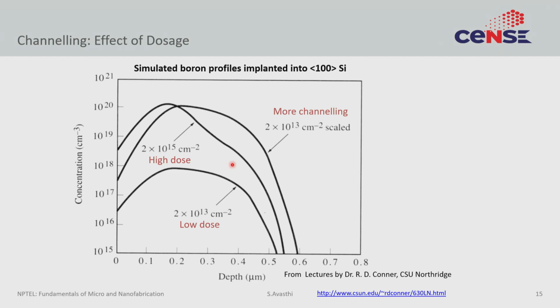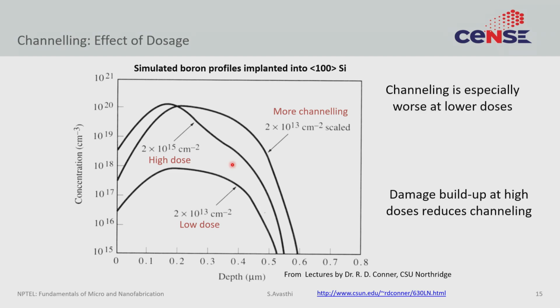That is partly because of accumulation of damage. As I hinted before, implantation is a very mechanical process, it is a ballistic process. Every time the ion comes and collides with the silicon atom at that very high speed, it leads to some damage in the silicon lattice, and that damage will accumulate the more ions you bombard, and that damage will subtly move the silicon atoms away from their lattice positions.